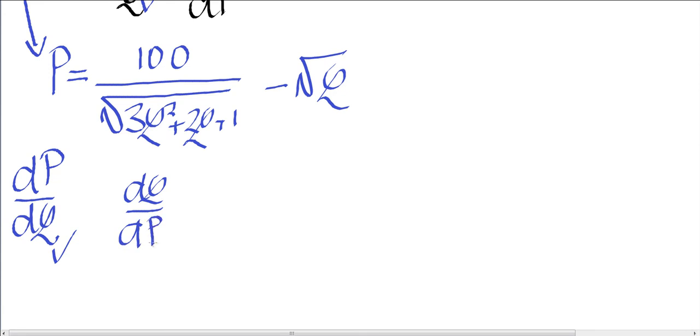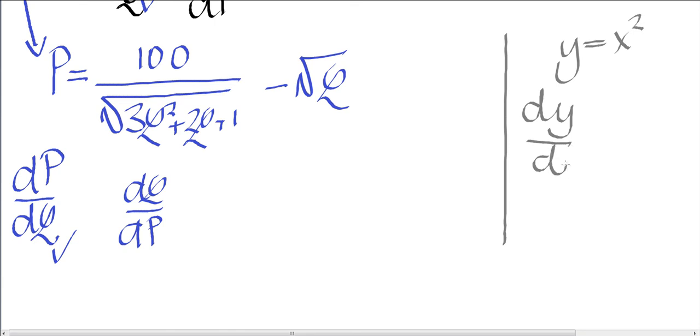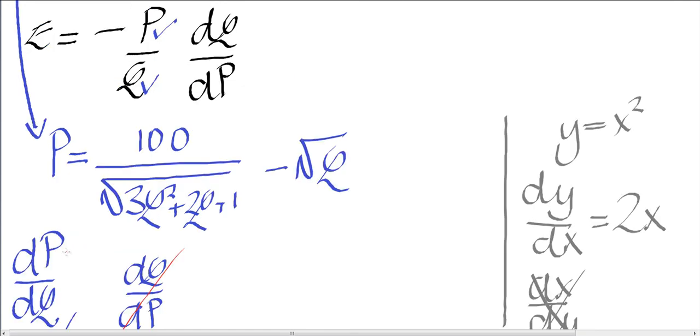The same way, if I go over to the side of the page here and say y equals x squared, then the derivative is called dy dx, and that equals 2x. I don't call it dx dy. The only sensible thing to call it is dy dx. So I can only call the derivative dP dQ, but in the formula, I need dQ dP.